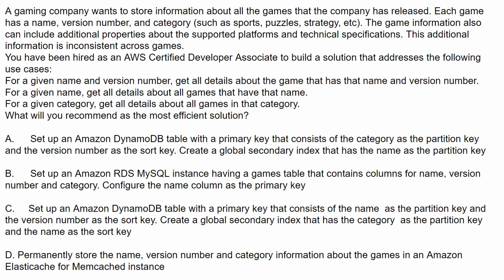Configure the name column as the primary key. C, set up an Amazon DynamoDB table with a primary key that consists of the name as the partition key and the version number as a sort key. Create a global secondary index that has the category as the partition key and the name as the sort key.